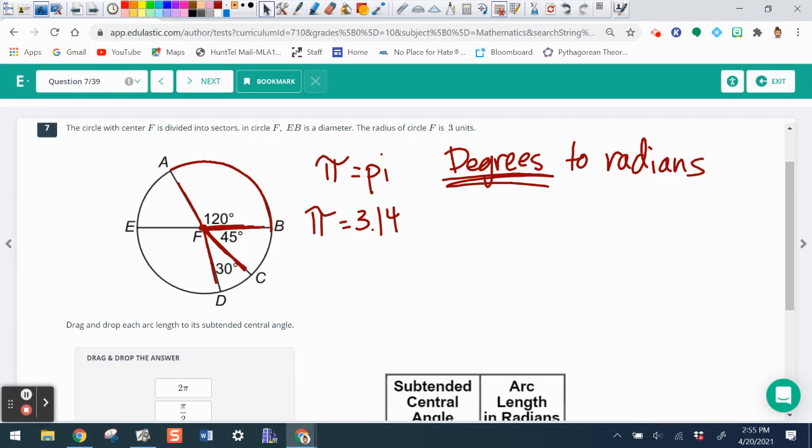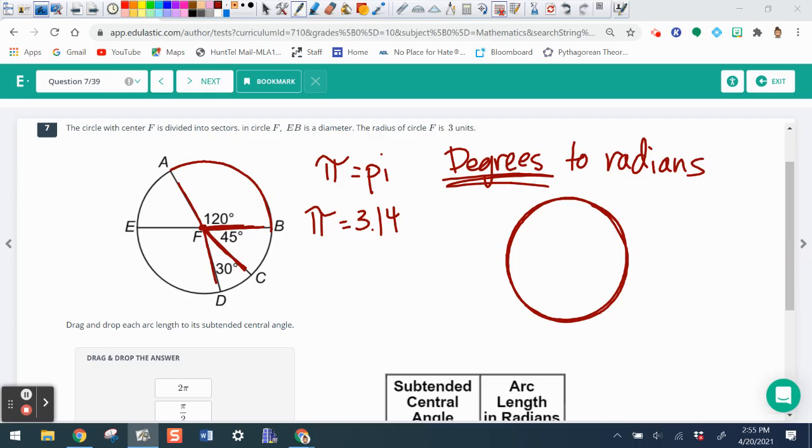So to quickly explain this concept here, what we're really looking at is the total distance around a circle. We typically involve radians and pi when we start talking about the length around a circle.